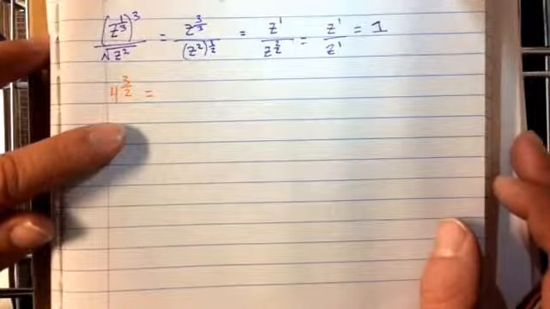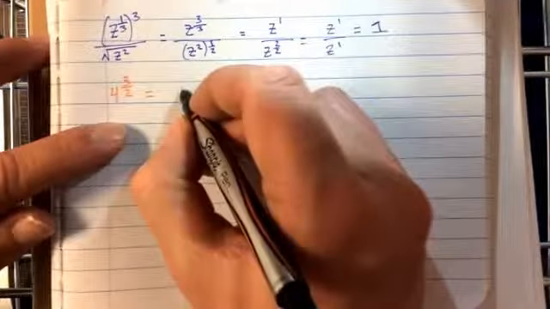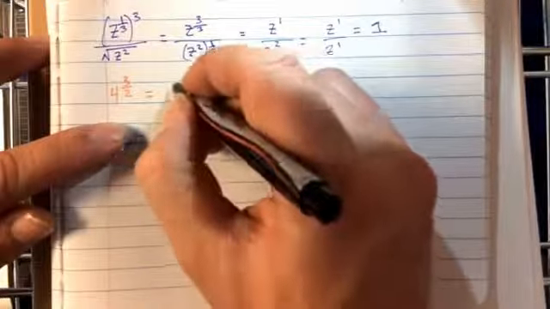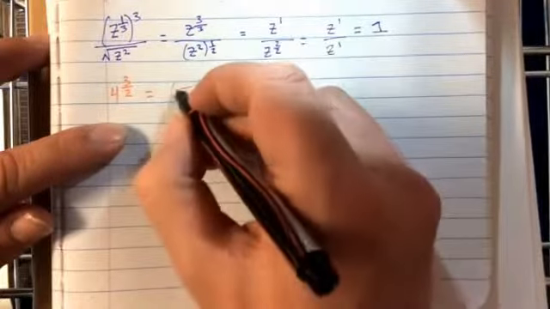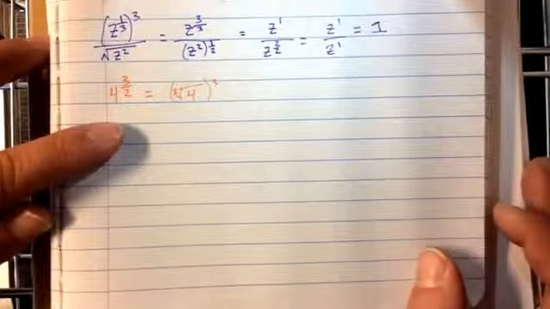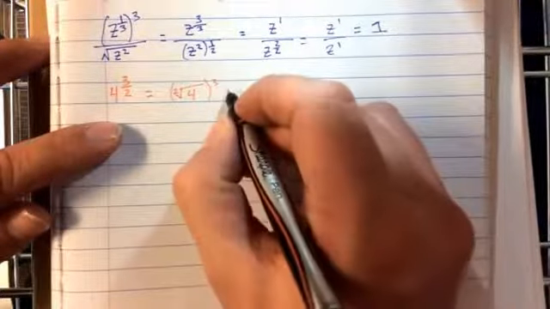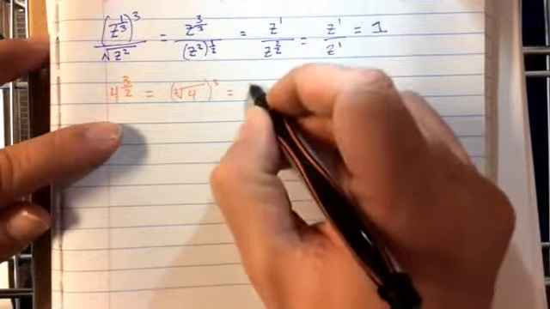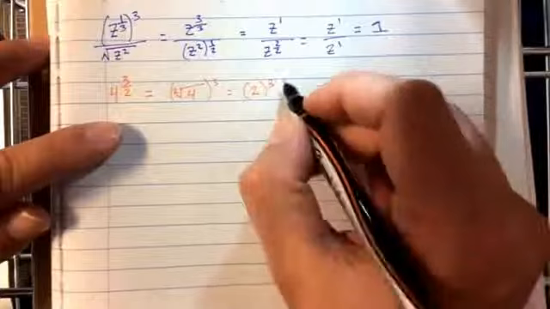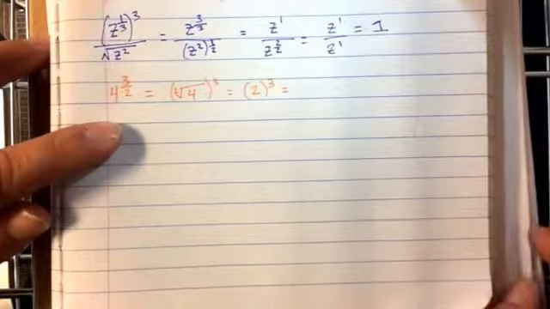Corbin? Square root of 4 in parentheses to the 3rd power. The square root of 4, parentheses to the 3rd power, and our index is 2. So what's the square root of 4? Square root of 4 equals 2. 2 cubed is 8.